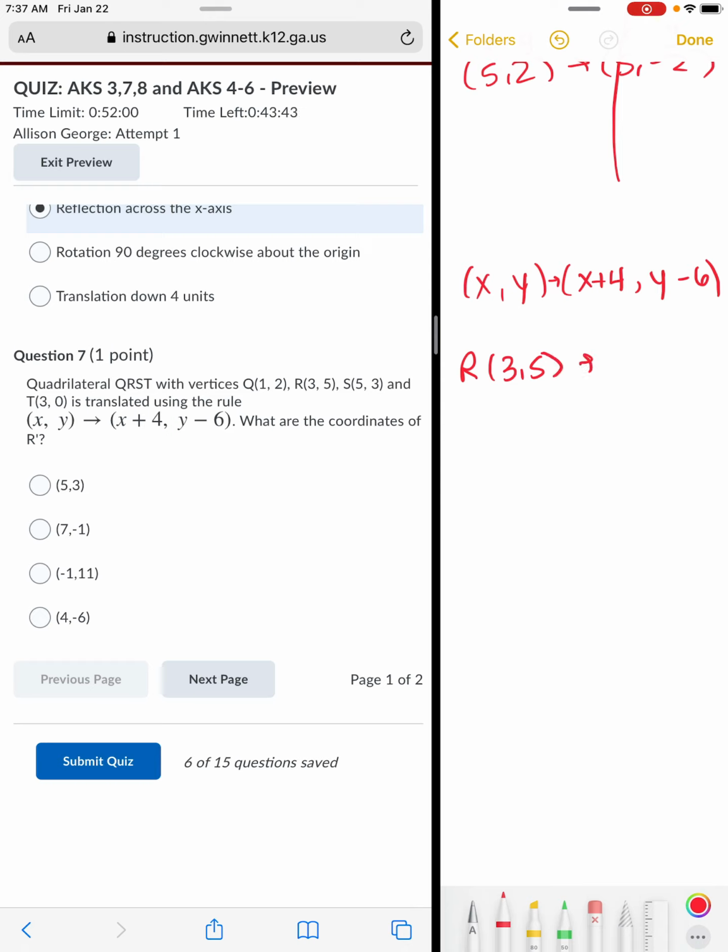And I'm going to add 4 to X and subtract 6 from Y. So now this becomes 3 plus 4 and 5 minus 6. And now I'm just going to simplify that. 3 plus 4 is 7. 5 minus 6 is negative 1. 7, negative 1 is the answer there.